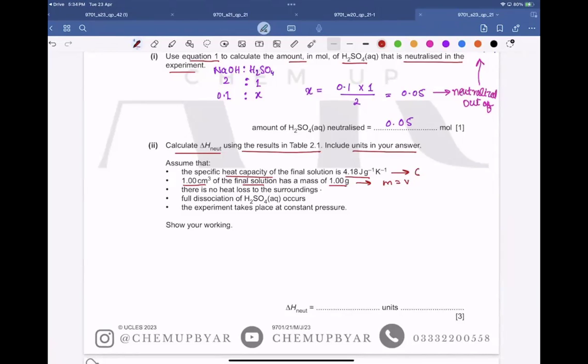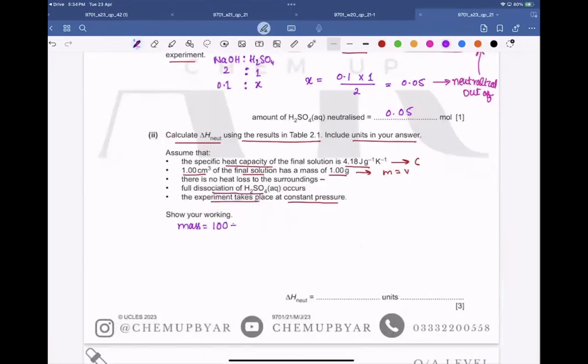So the total volume is 100 plus 75, so the total mass is going to be 175 grams.